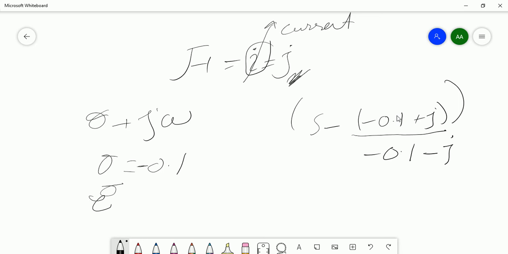If sigma is positive, the system will become unstable, because e raised to any positive power has a graph like this. This is unstable. We want a graph like this, stable. We want the system to approach a finite value when t approaches infinity, a bounded value, or 0. If not 0, it can approach some fixed finite term.